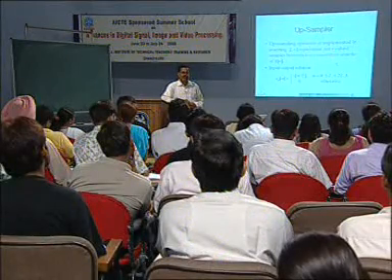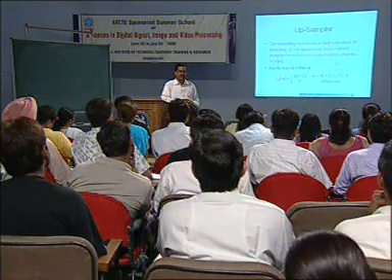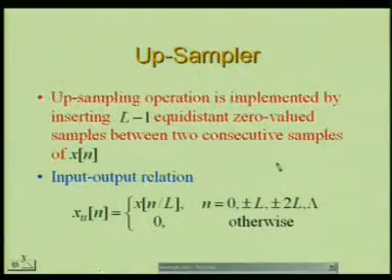Upsampling operation is simply implemented by inserting L minus 1 equidistant 0 valued samples between two consecutive samples of x[n]. What do you mean by this?